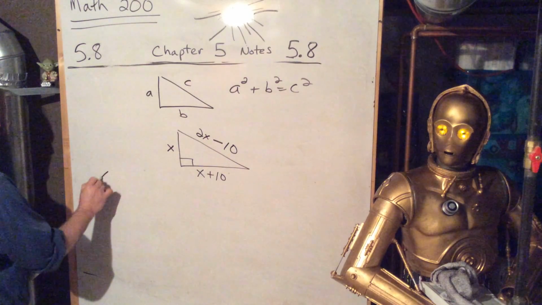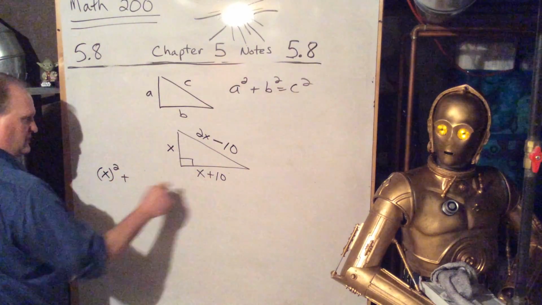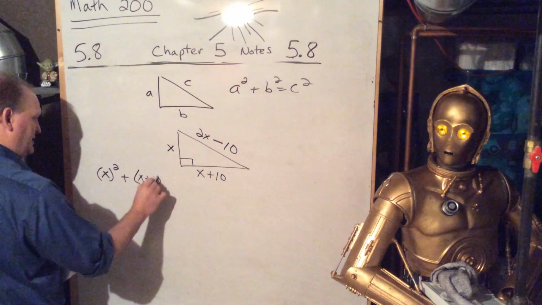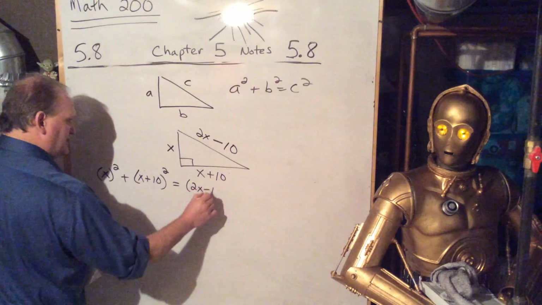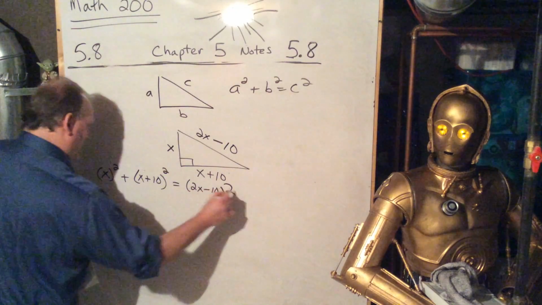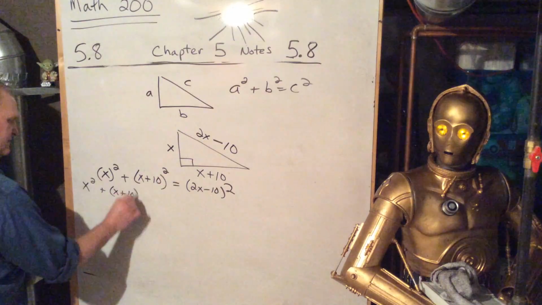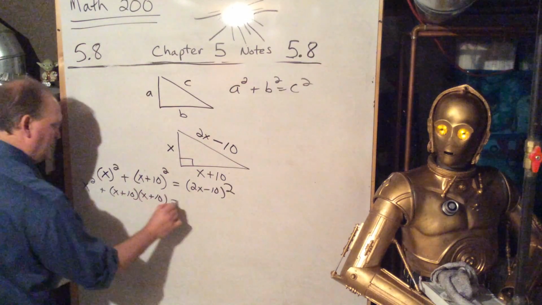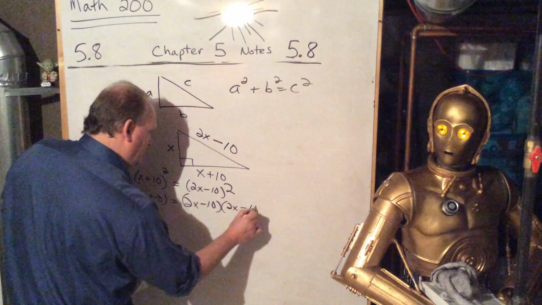We're going to have x squared, a squared plus b squared, x plus 10 squared equals c squared, 2x minus 10 squared. Yikes. So that's x squared plus x plus 10 times x plus 10 equals 2x minus 10 times 2x minus 10.